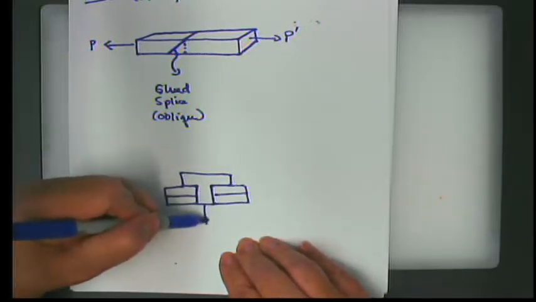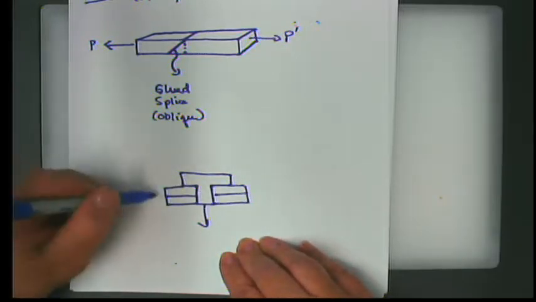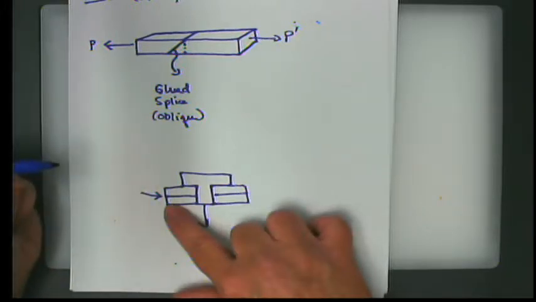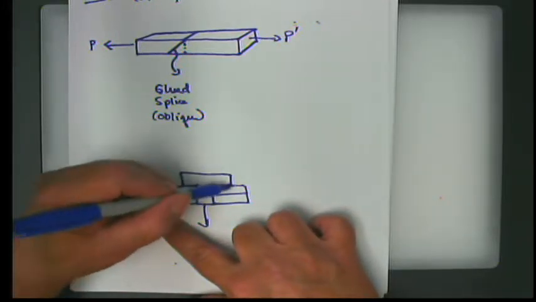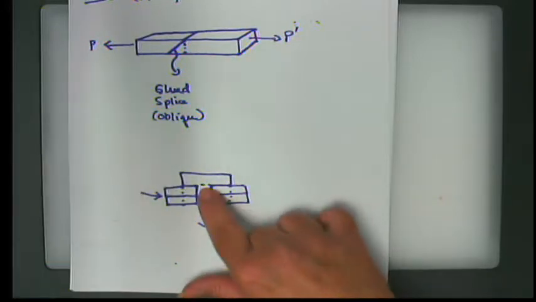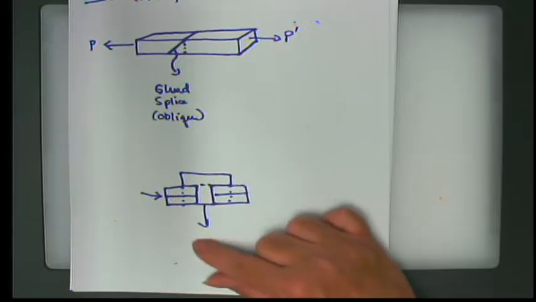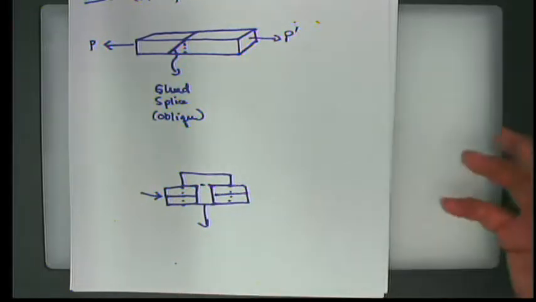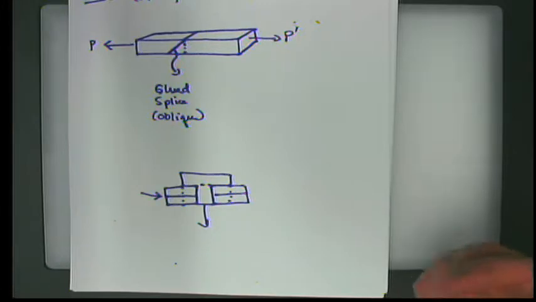Well, if you pull on this, there's a couple of different things that can happen. These plates can fail, in which case it's going to fail along this plane, or this bolt can fail, in which case it's going to fail right here. Which one is more interesting? Well, what's more interesting is which one's going to happen first, because once one of them happens, you don't have a structure anymore, right? You don't have a bolt, you don't have plates, you don't have anything connected.